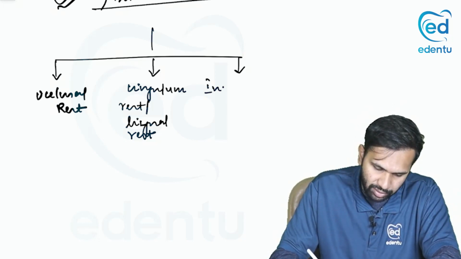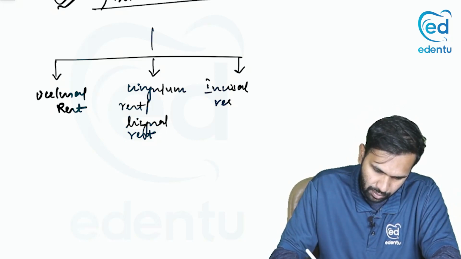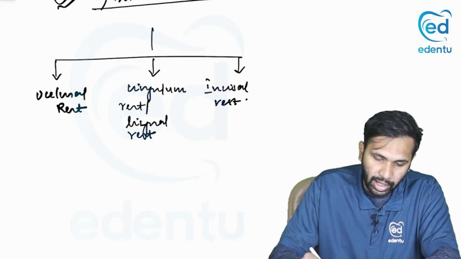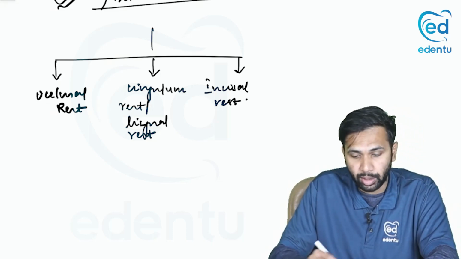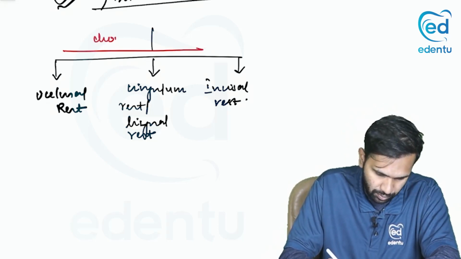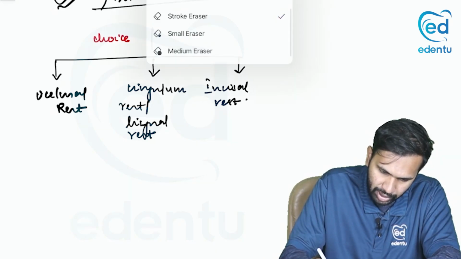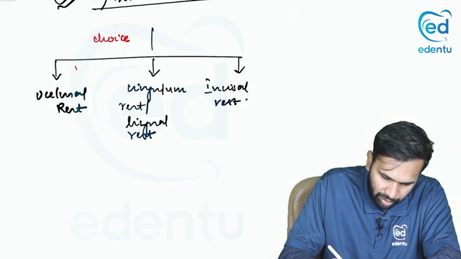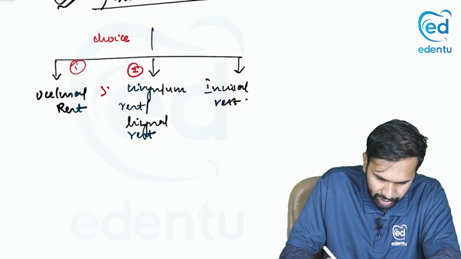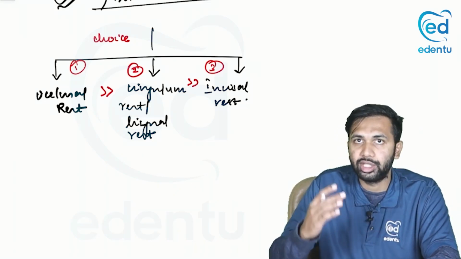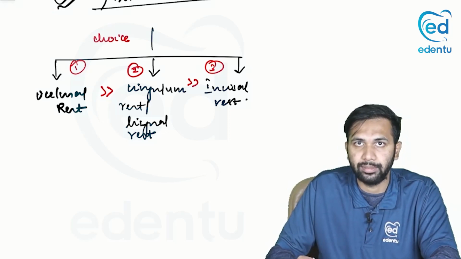And thirdly, you have the incisal rest. This is also the order of preference, the order of choice: always the occlusal rest, followed by the cingulum rest, followed by the incisal rest, in providing good support for your RPD.